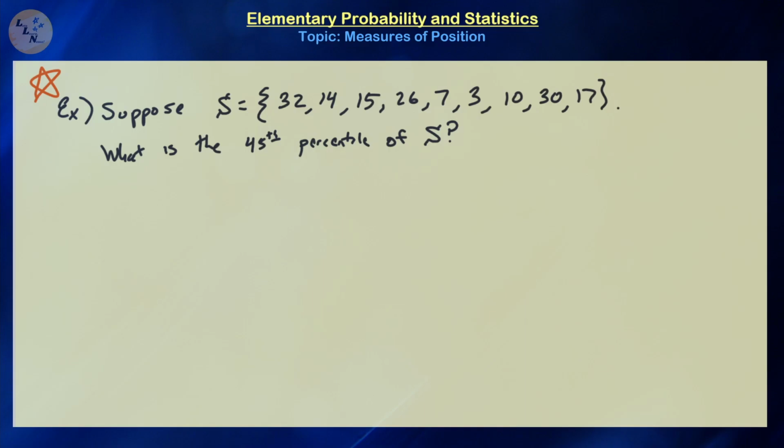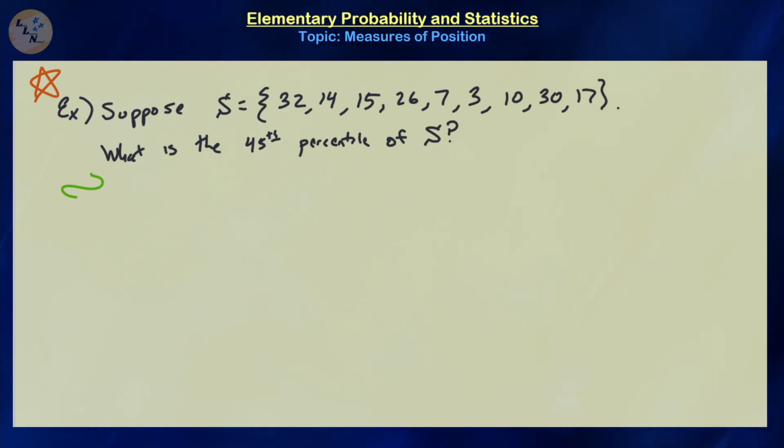Alright, suppose we have this set S, and it's defined to be the set of elements 32, 14, 15, 26, 7, 3, 10, 30, and 17. What would be the 45th percentile of this data set? So the first thing that we would have to do is find out the index associated to the rank for the 45th percentile. So first we have to figure out, okay, what is the sample size equal to?